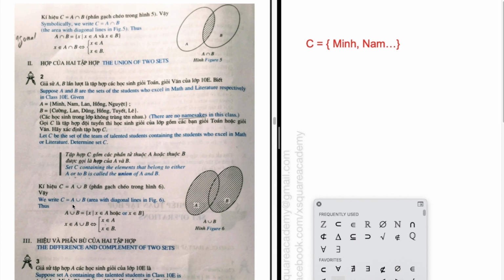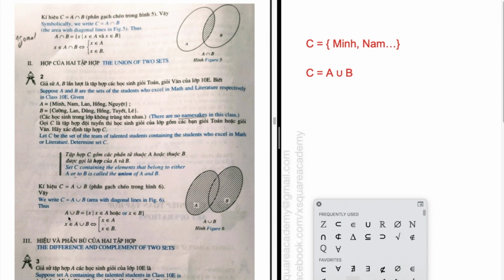We write C is the union of sets A and B. We use this symbol.